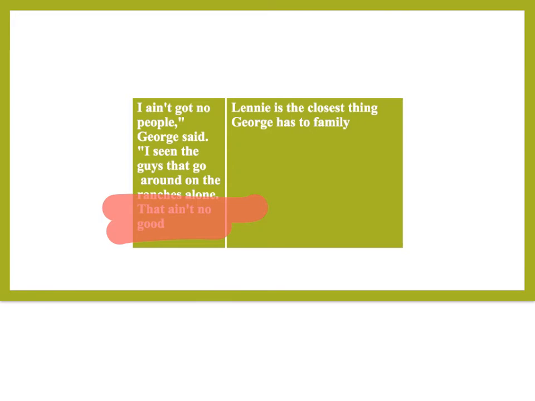That phrase, "that ain't no good." We have it here in chapter 3, and we'll have it again in chapter 5, beg your pardon. Here George is saying it to Slim, "that ain't no good." But in chapter 5, Slim will say the exact same phrase to George, in relation to the fact that they have to go and get Lennie.